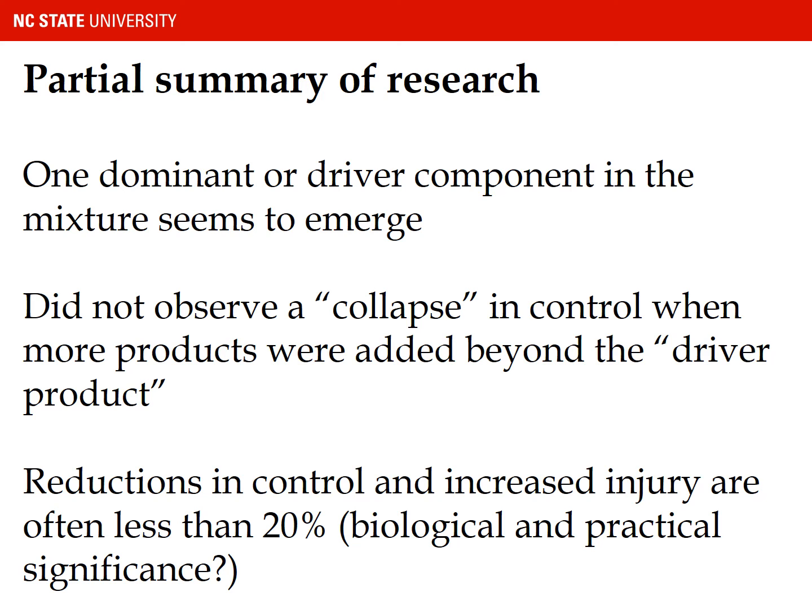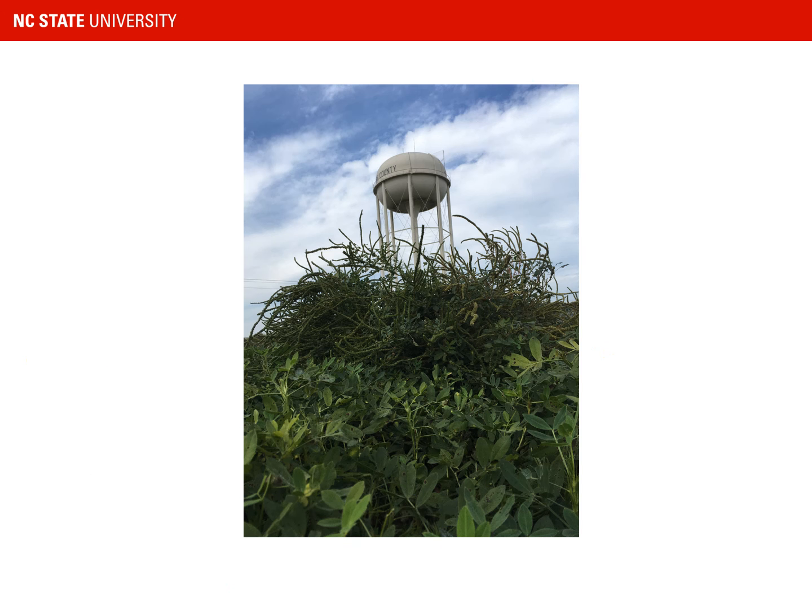And in many cases, even with these 4 and 5-way mixtures, our reductions in control was often less than 20%. And the question there is, is that biologically and practically significant? Certainly sometimes there was one dominant player that would reduce control 50 or 60%, but most times we would only have about a 20% reduction if you looked at many of these combinations that we had.